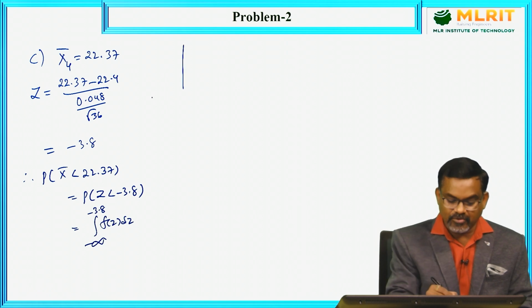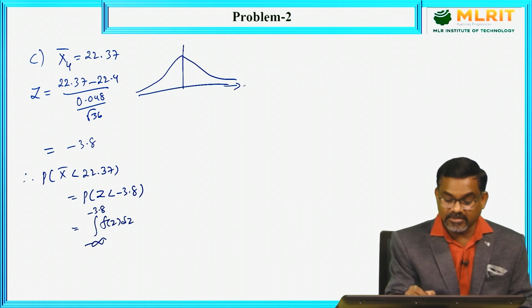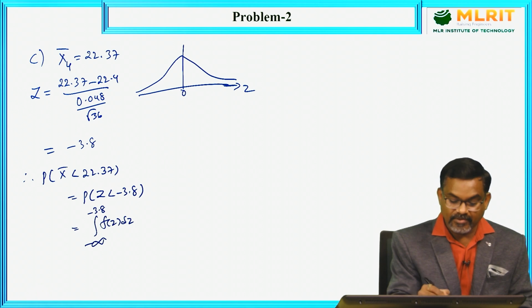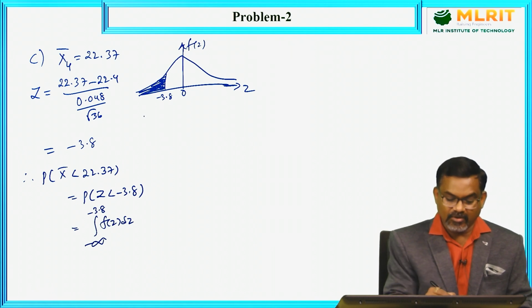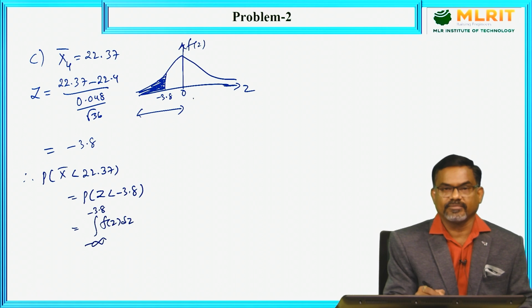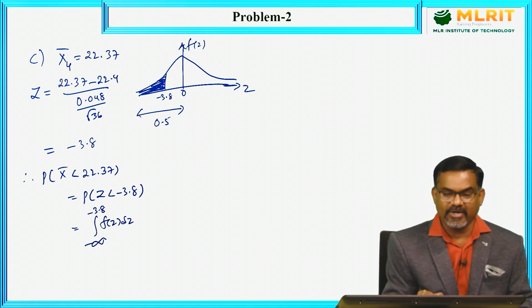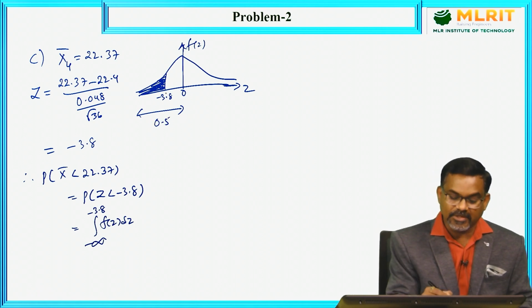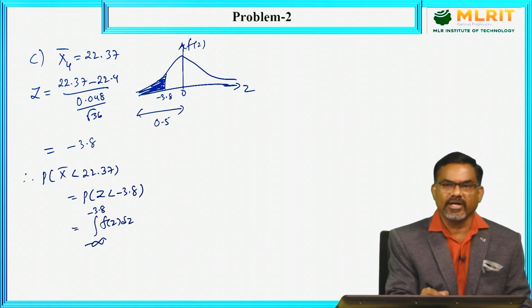So, if you draw the graph and denote the point negative value, this is Z 0, f of Z, negative value somewhere here, minus 3.8. We need to calculate this shaded region. And we know that this total half region is equal to 0.5, and from that if we subtract the area from minus 3.8 to 0, that gives the remaining shaded region.